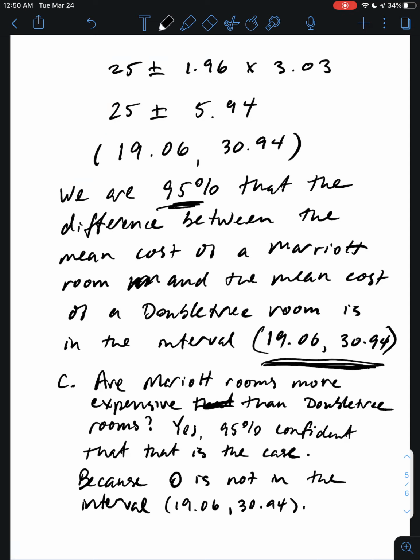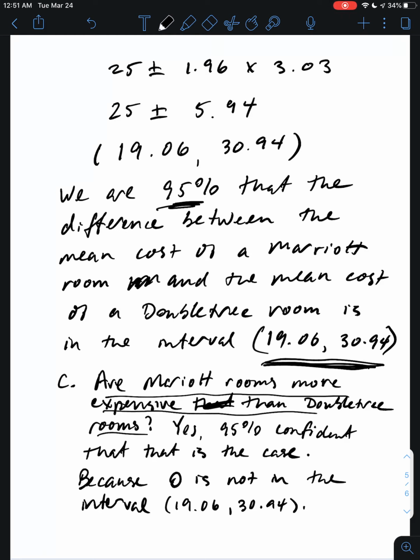If the difference were 0, there would be no difference between the two averages, between the two population means. But 0 is not in that interval, so 0 can't be the difference. So there actually has to be a non-zero difference.